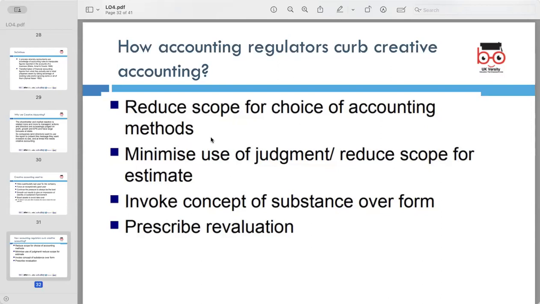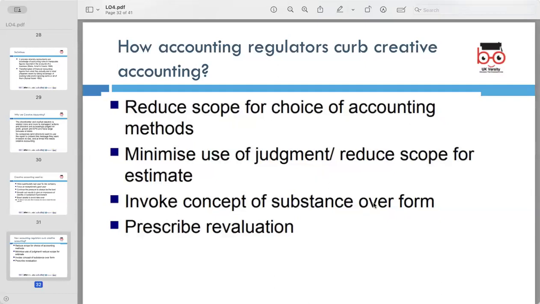Then, limited judgment and estimates. Regulators seek to minimize the use of subjective judgment and reduce the scope of estimation in financial reporting. This approach helps to enhance the objectivity and reliability of financial statements by relying on more concrete and verifiable data.